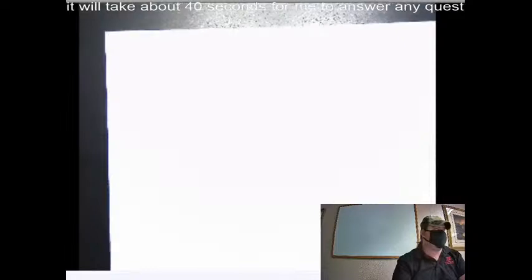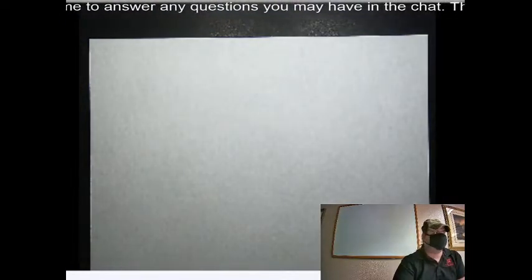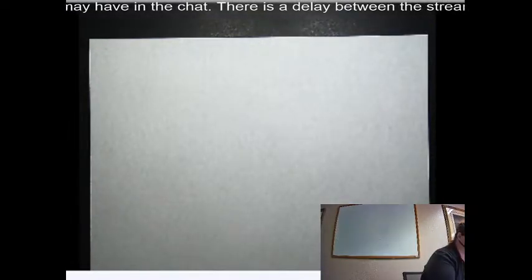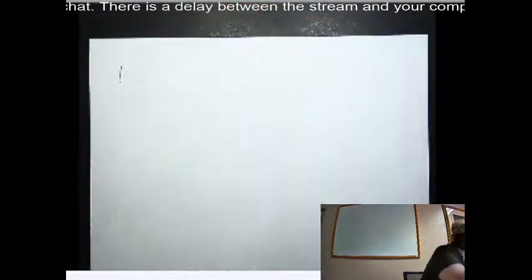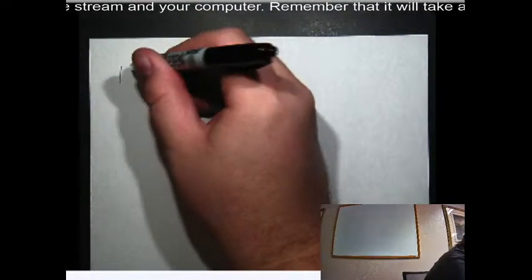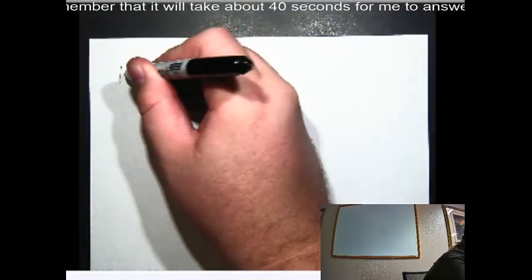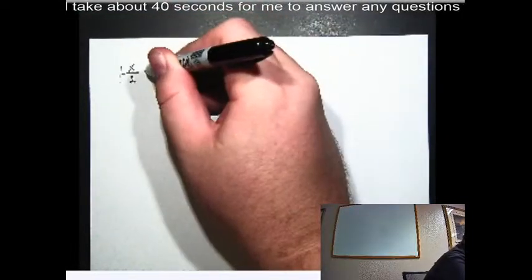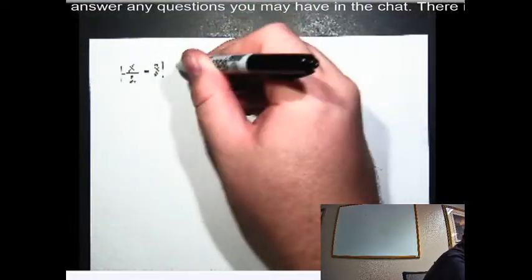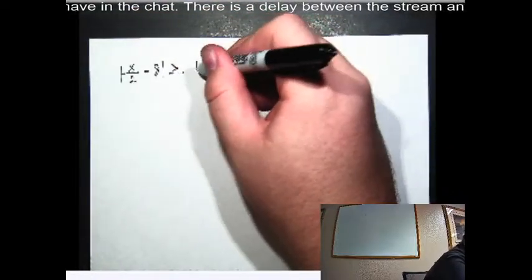Let me try this one on you. Negative x over 2 minus 8 is greater than or equal to 12.